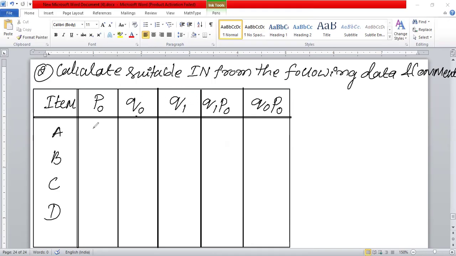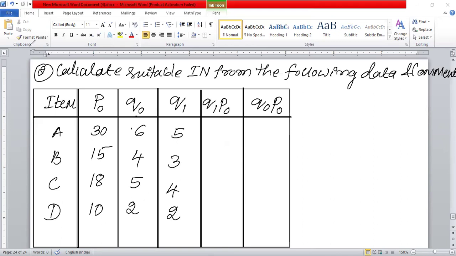Now ready with the data: 30, 15, 18, 10. Then 6, 4, 5, 2. Next 5, 3, 4, 2.